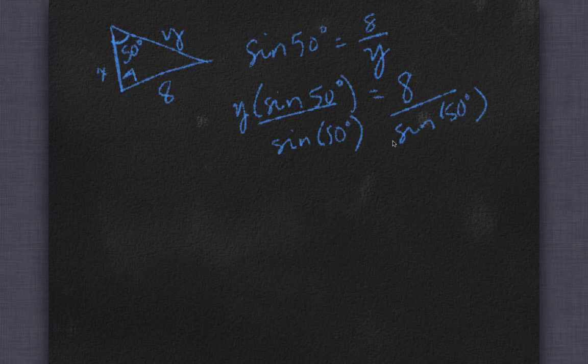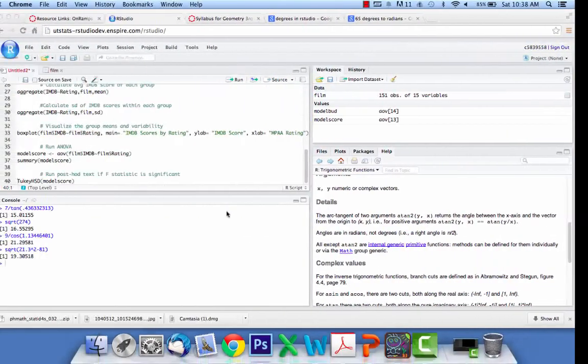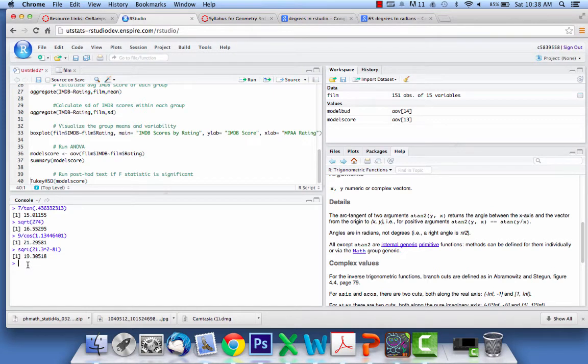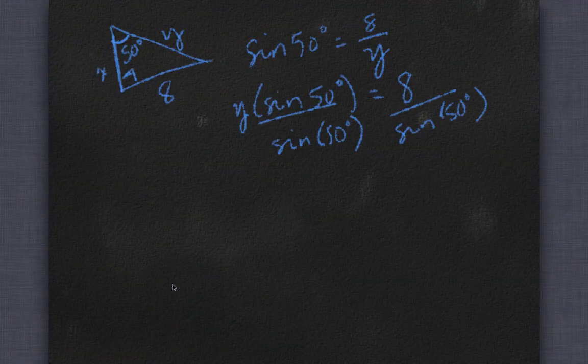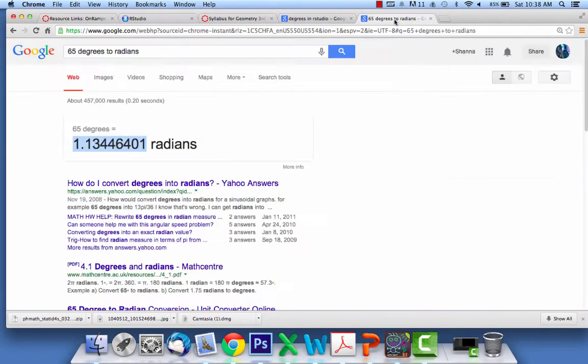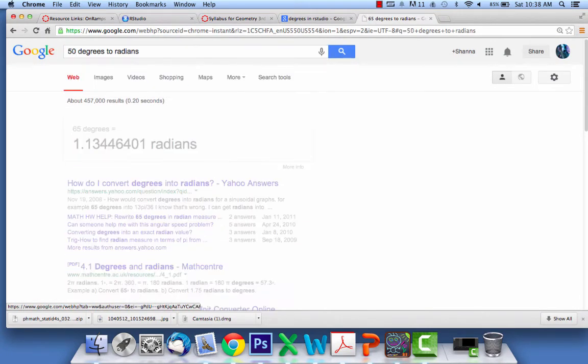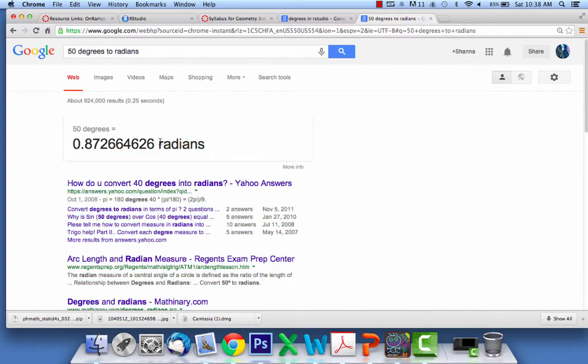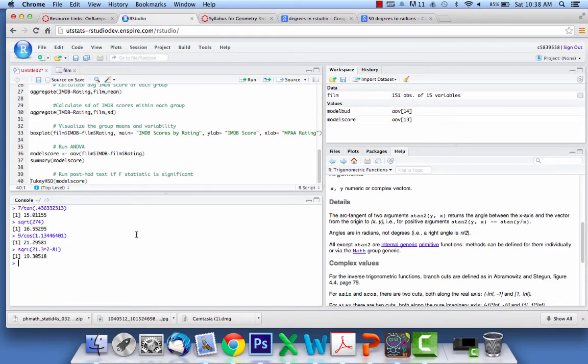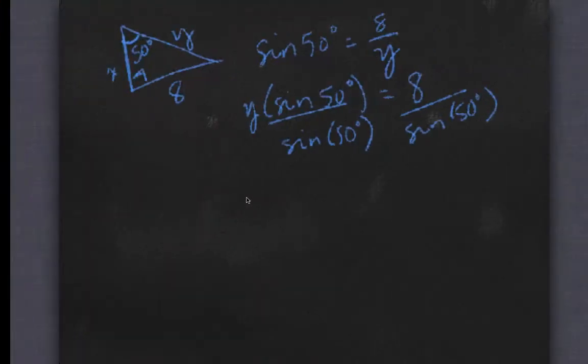So this is how we solve for y. That's going to be 10.4.